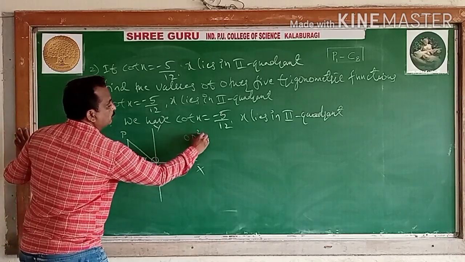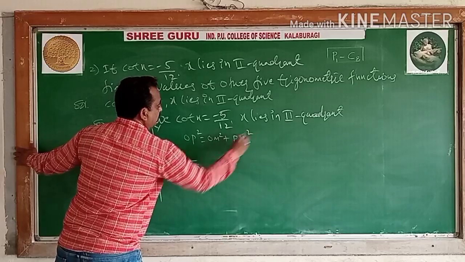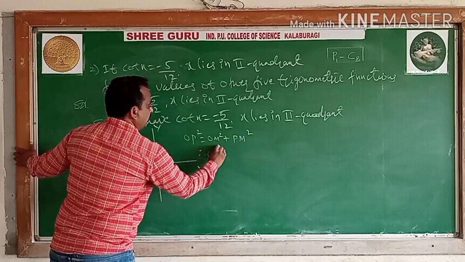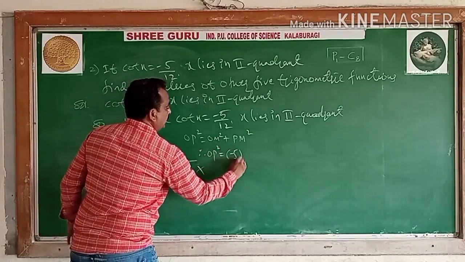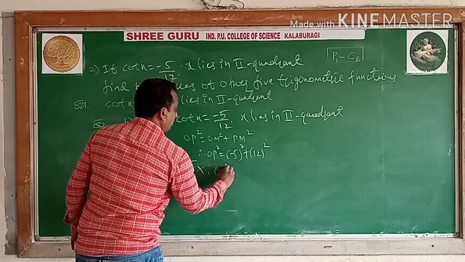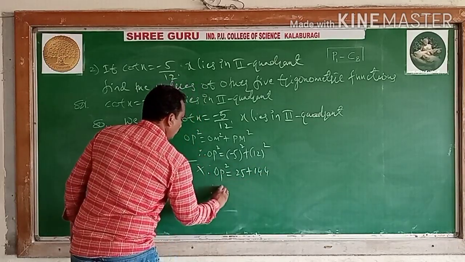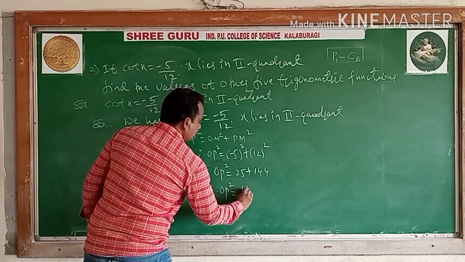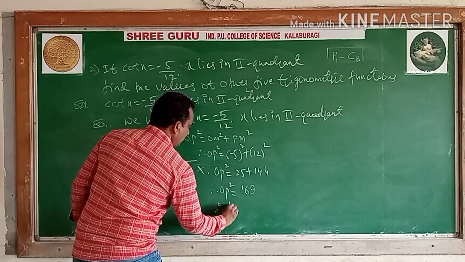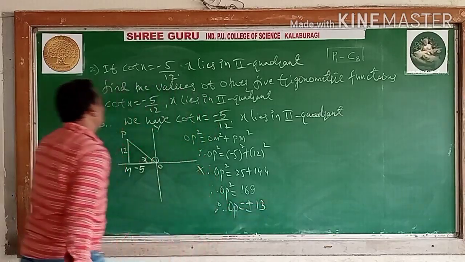OP square equal to OM square plus PM square. Therefore, OP square is equal to 5 square plus 12 square, which is 25 plus 144. Therefore, OP square equal to 169. Therefore, OP equal to plus or minus 13.